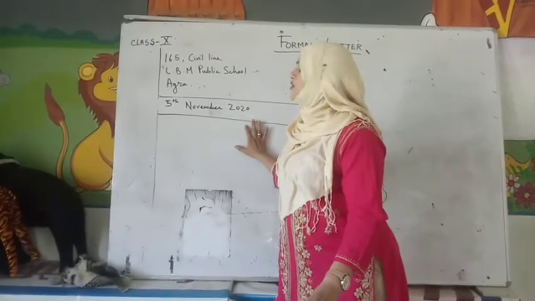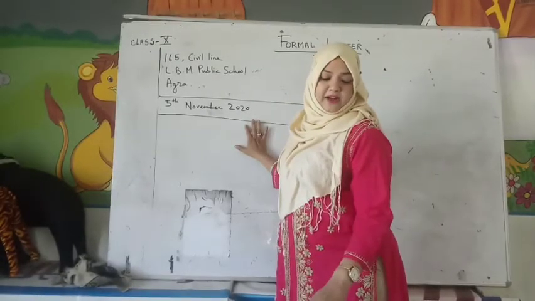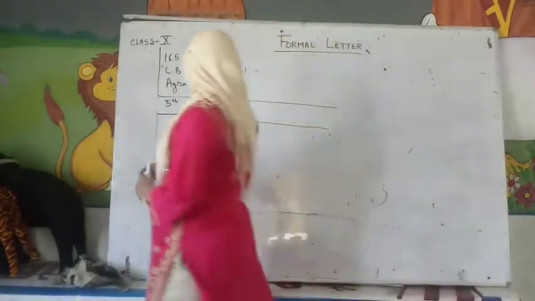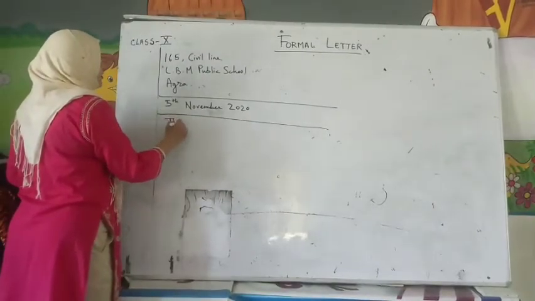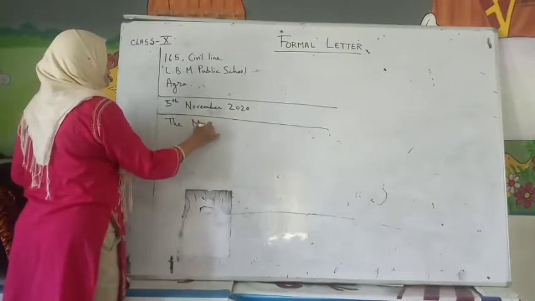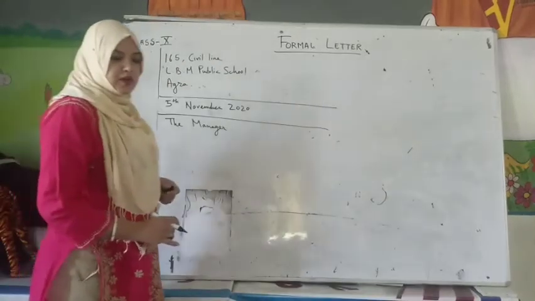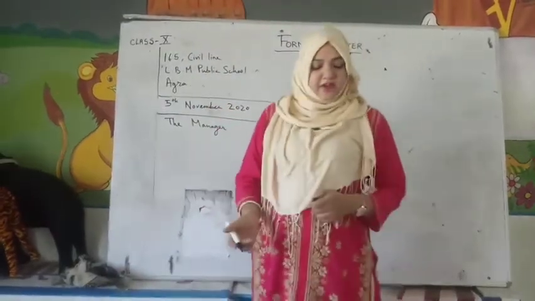Now please do not write to and from and all. That is old format. We do not write to and from. Okay. So now we are writing after leaving a line. You write the manager. All right. The manager, and then you will write the address which is given.